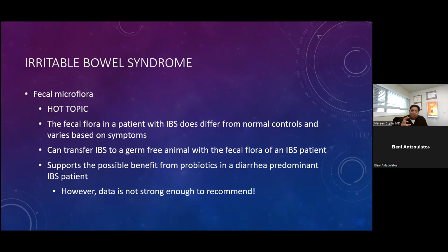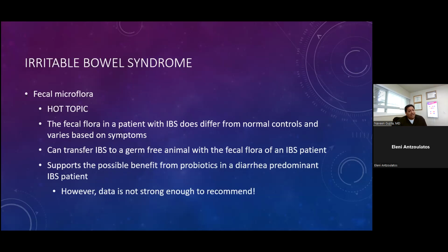You take stool from an IBS patient and deliver it to the germ-free animal, essentially giving them the bacterial biome of the IBS patient, and you will induce the IBS symptoms in that animal. So there's clearly a bacterial hypothesis. Unfortunately, the next step would be, well, geez, if I can change the bacterial makeup in this IBS patient, shouldn't I then make them better? And there is some data about probiotics doing this, particularly in diarrheal predominant irritable bowel syndrome.